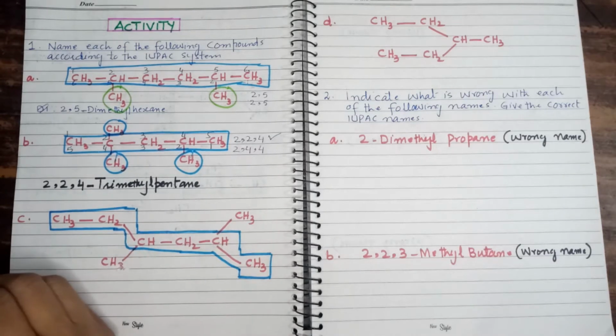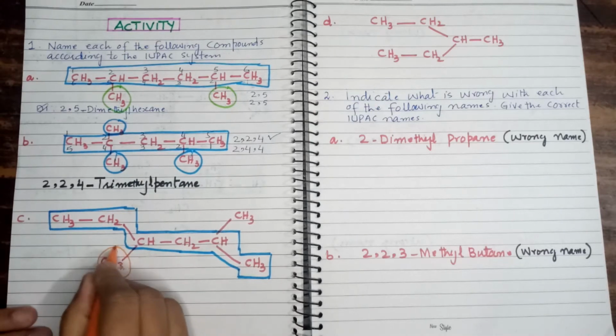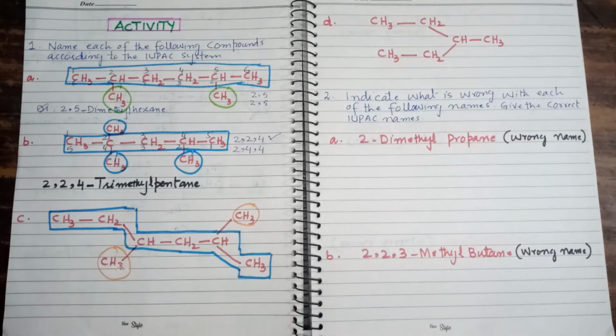So this is the parent chain, students, right? Now everything which is present outside, it is the alkyl radical, right? This is one radical, this is another radical, and yes, there are 2 radicals which are present outside the chain.